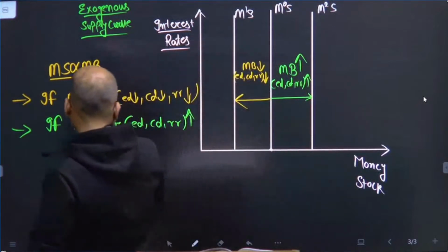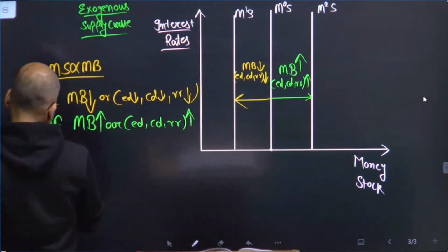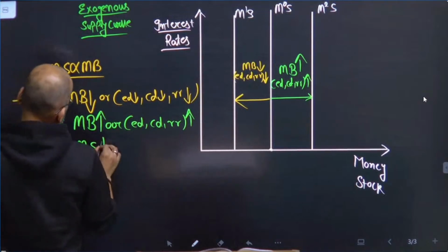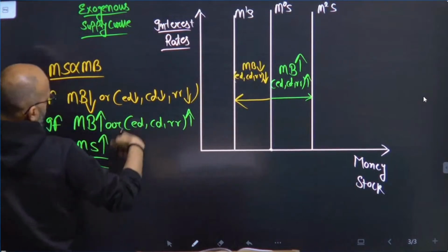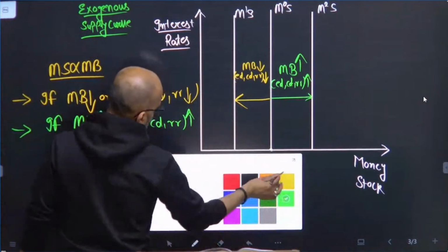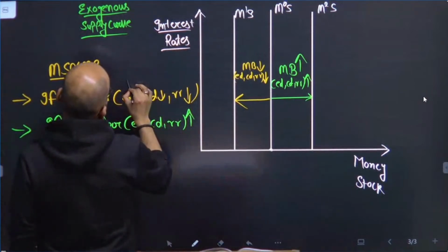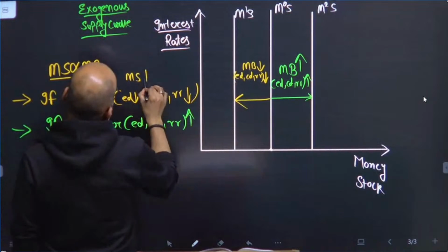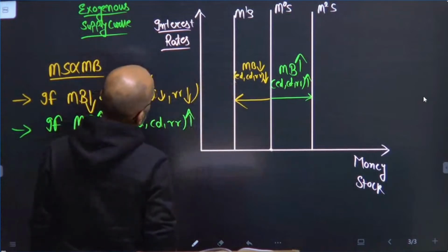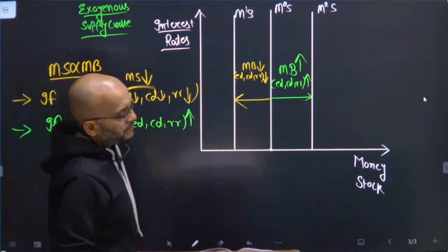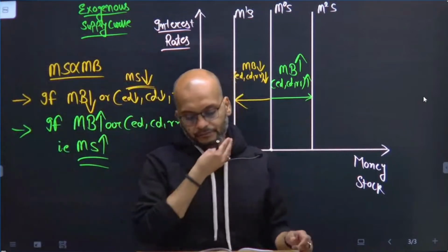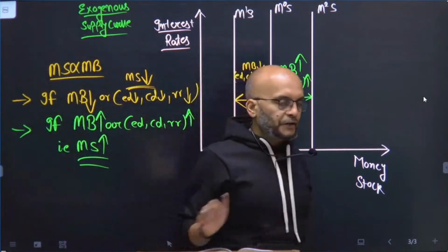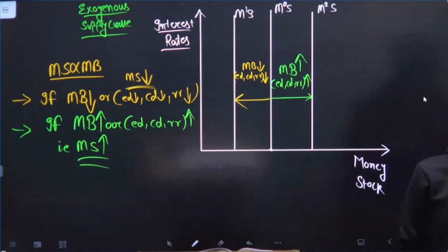So, what happens here is that money supply is increasing. That's why it shifted to the right. And in the first case, money supply was decreasing. That's why it shifted to the left hand side. Please draw it. Then we will do endogenous money supply curve.